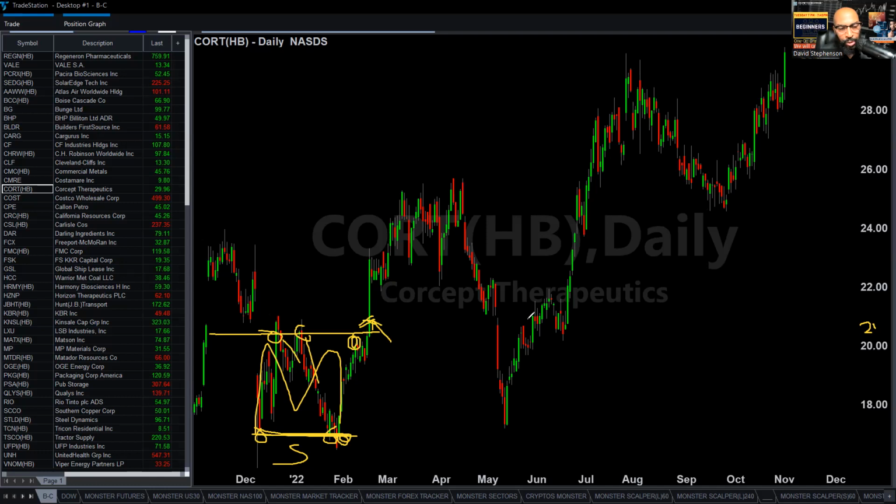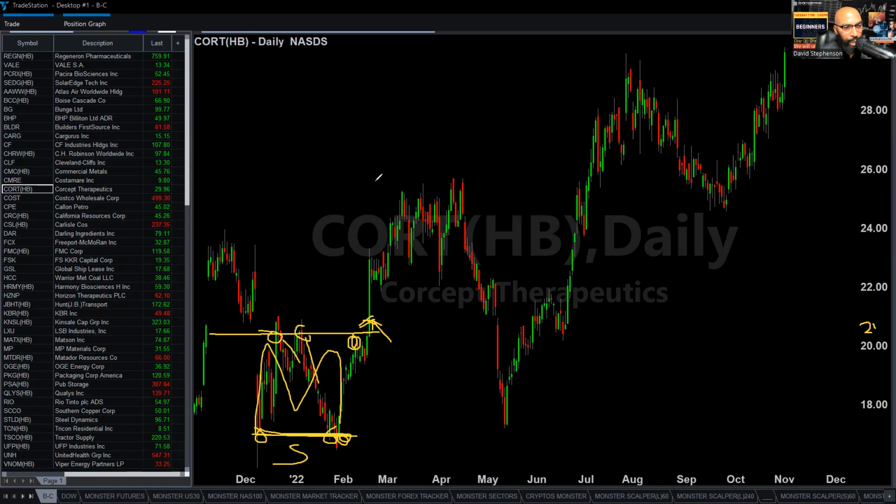Where is the next resistance area? So we're moving forward now, we're right here, and moving forward with price. Where is the next resistance area? 25.50.